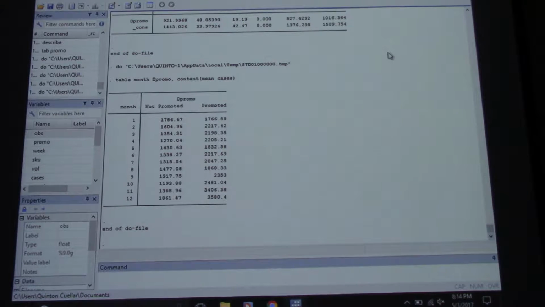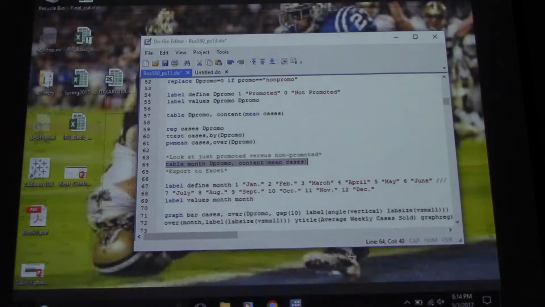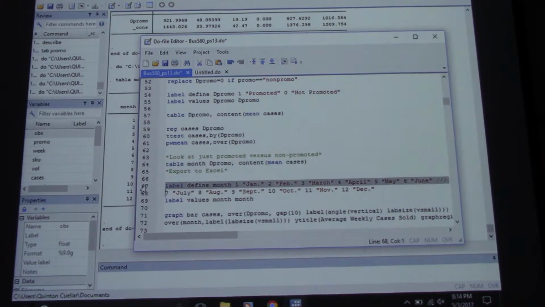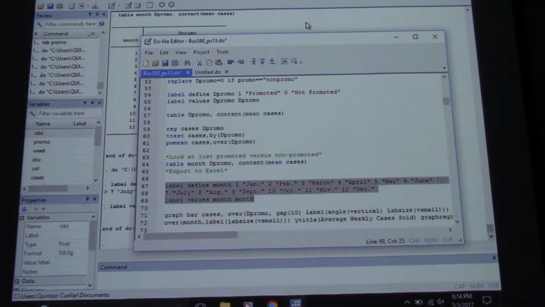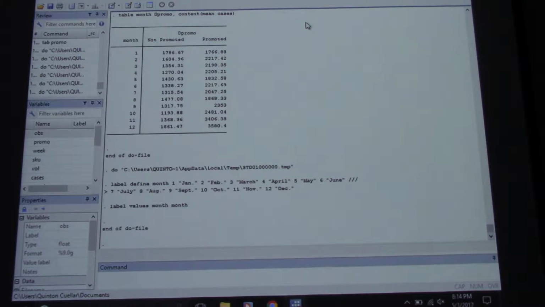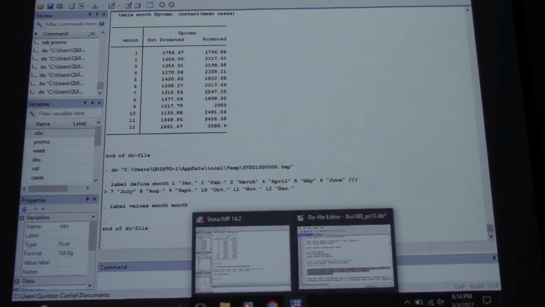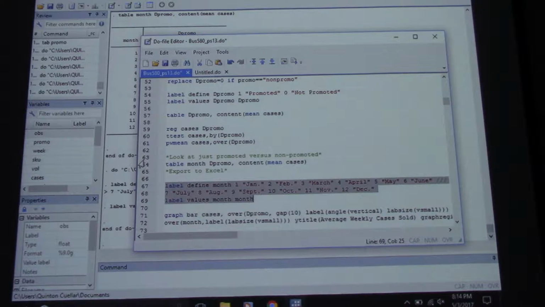You see the non-promoted is a little bit higher than the promoted in that first month, but we know why. I like to make these labels so that instead of getting that table, well, it's not like we don't know what 1 through 12 means, but I still like to.